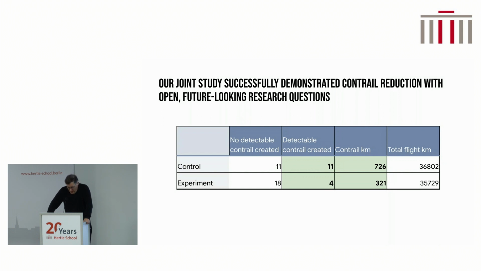In our experiment, if we extrapolate from these 22 flights, it would be about 0.3% of the fleet fuel increased, which, surprisingly, the airlines are not perfectly optimal. They may be suboptimal by roughly that amount anyway. So that's just in the noise.